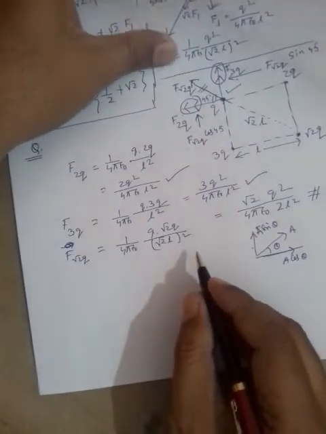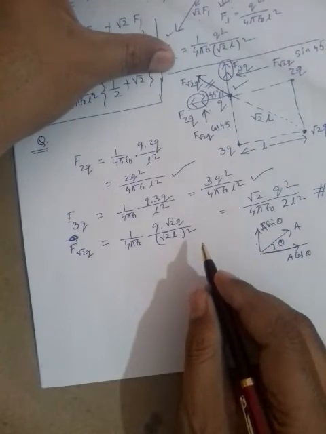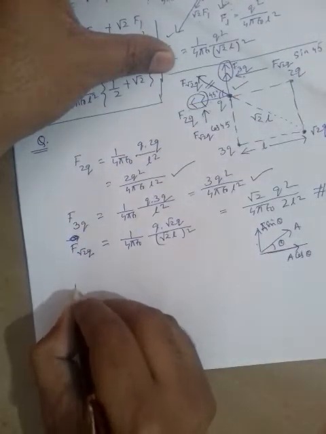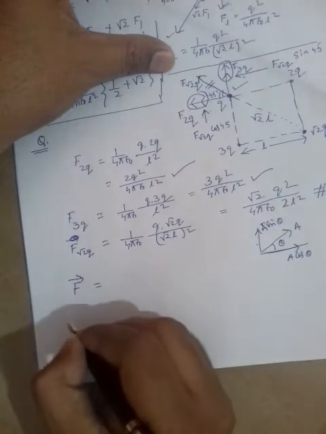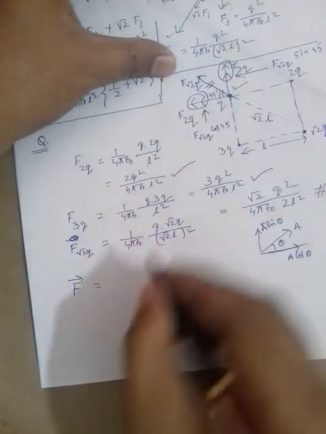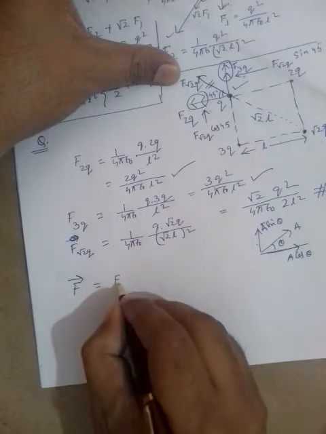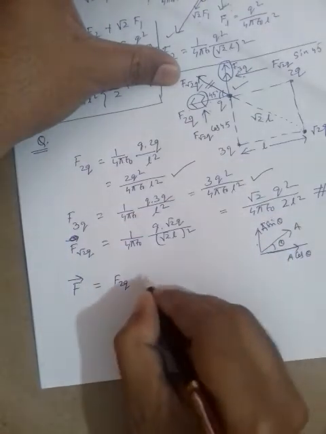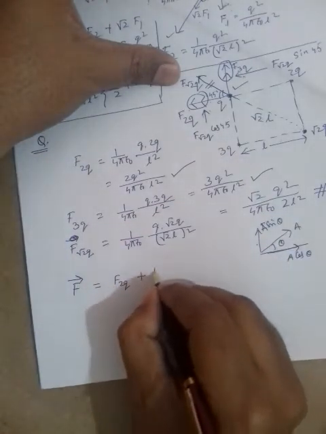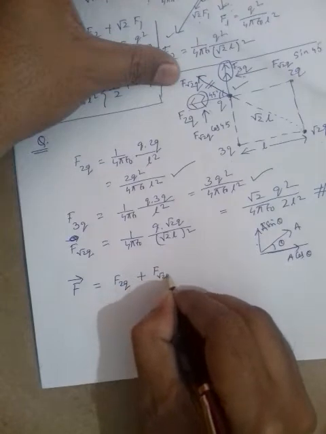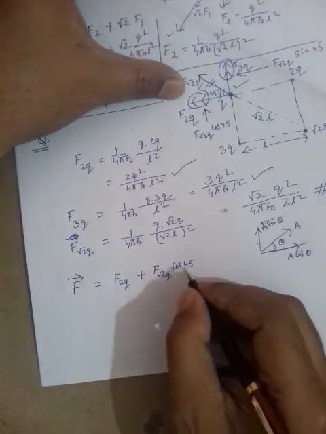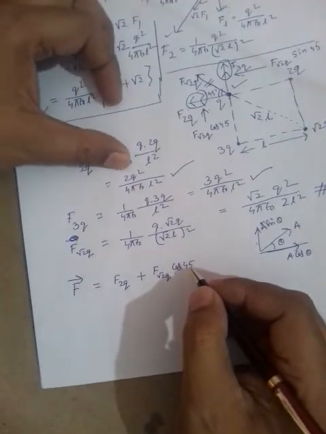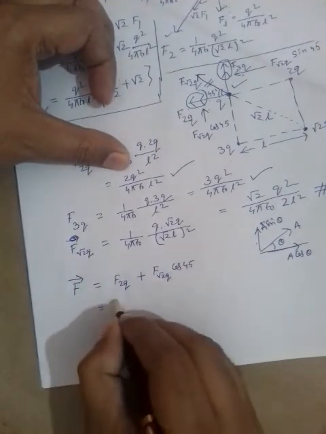Now I am going to write in vector the force in this side. I am writing one F because of twice q already present in this side and other one is F because of root 2q cos of 45. F because of twice q value we know, this one, what is that?